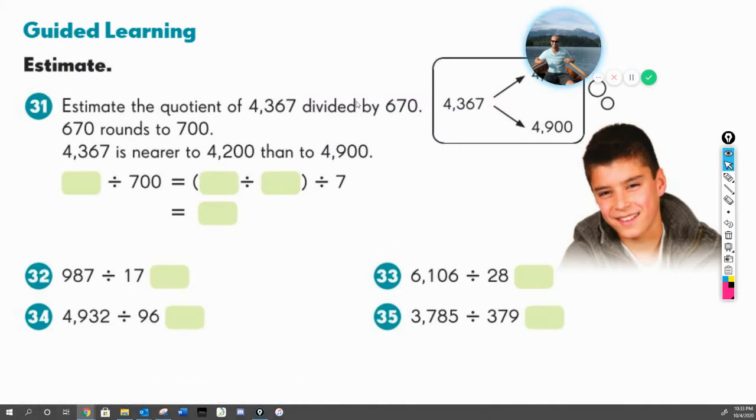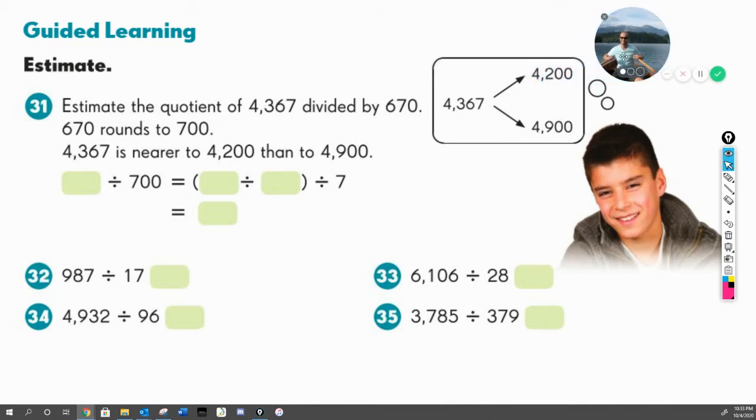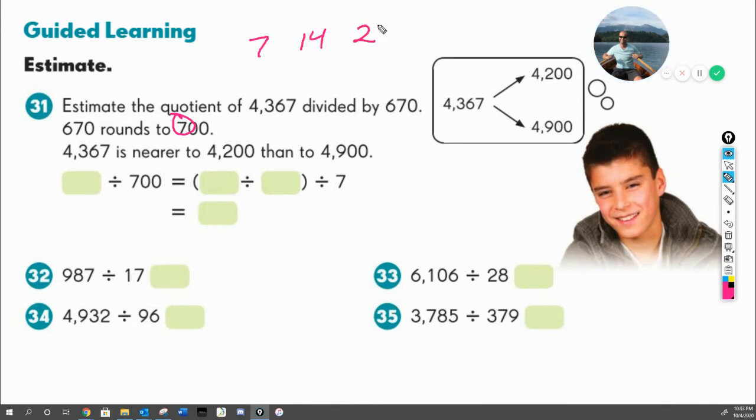All right, in this case, we're going to estimate the quotient of 4,367 divided by 670. 670 is going to round to 700. And when I'm looking at 700, what I'm really looking at is the 7. So I'm looking at 7 facts: 7, 14, 21, 28, 35, 42, 49, and so on. In this case, it's going to be 700, 1,400, 2,100, and so on.